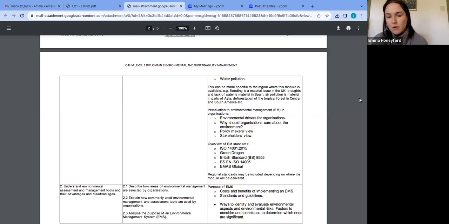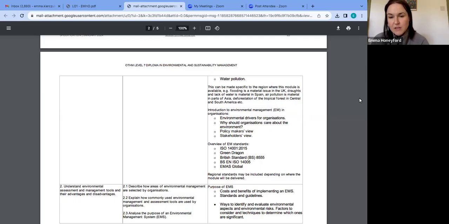It may be that it's policy that is driving organisations to care about the environment, or it may be customers, or it may be compliance or risk. So there are different reasons why organisations do take action, and we will discuss that.